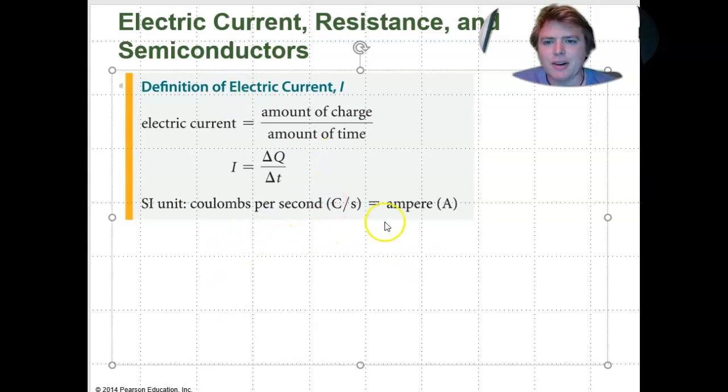So first we have our definition of electric current. What we need to keep in mind when we think about the electric current is that it's about the movement of charge. It is about the amount of charge that moves through, but it is not a rate at which you're talking about charge building up.